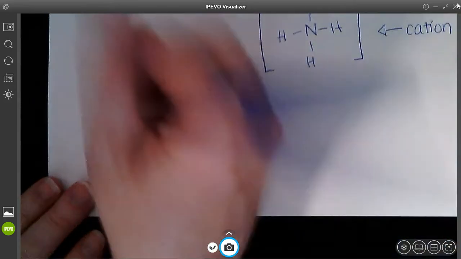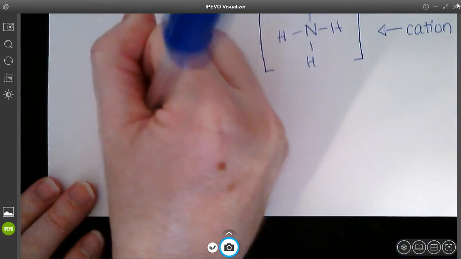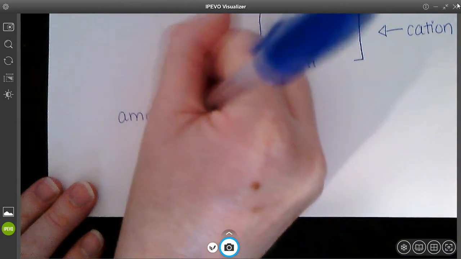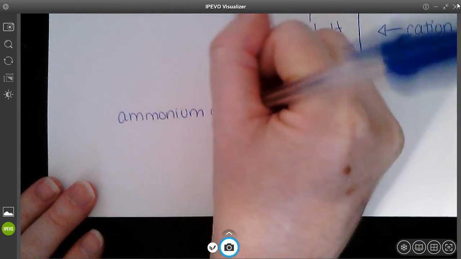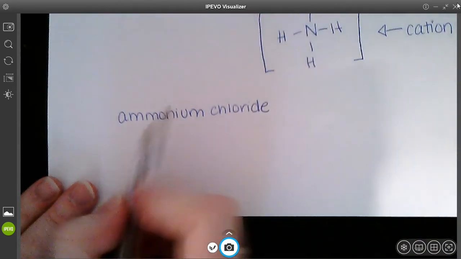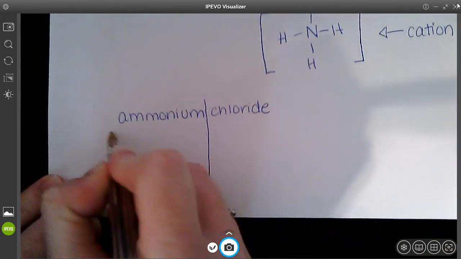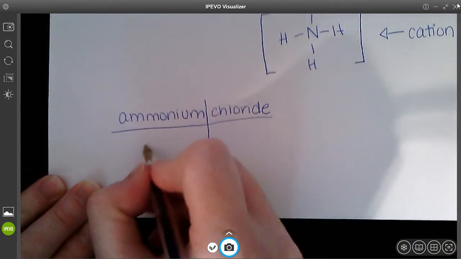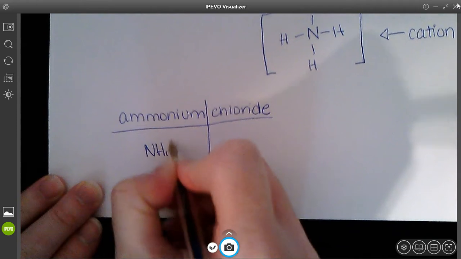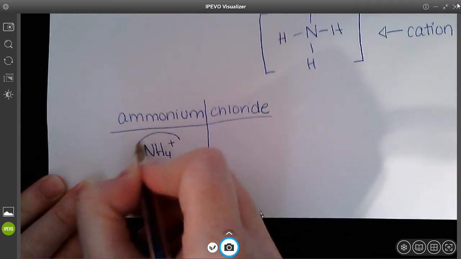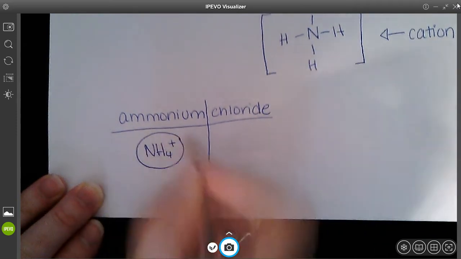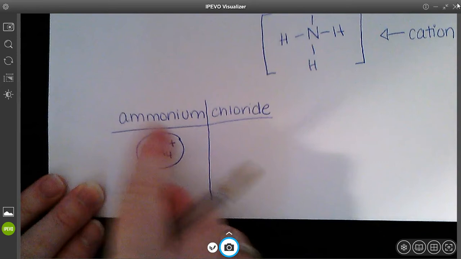So for example, we could have ammonium chloride. If we break it up like we did before, we know that ammonium is NH4 positive. And just like I did with my binaries, I'm going to circle this whole formula here.